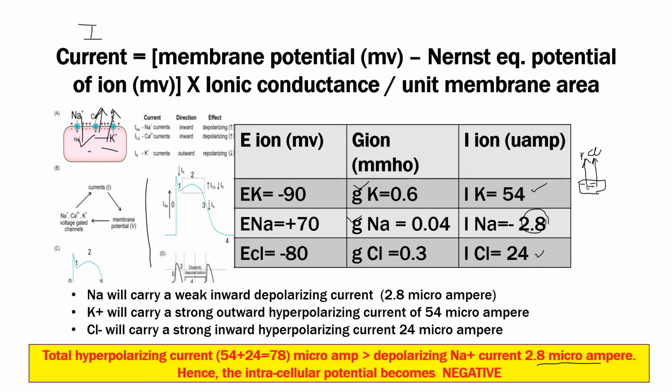The other two, chloride and potassium, are hyperpolarizing and try to make the intracellular part negative. It will go from 0 to minus 10, minus 20, minus 30, minus 40, and on and on, until the depolarizing current equals the hyperpolarizing current. And what is that point?